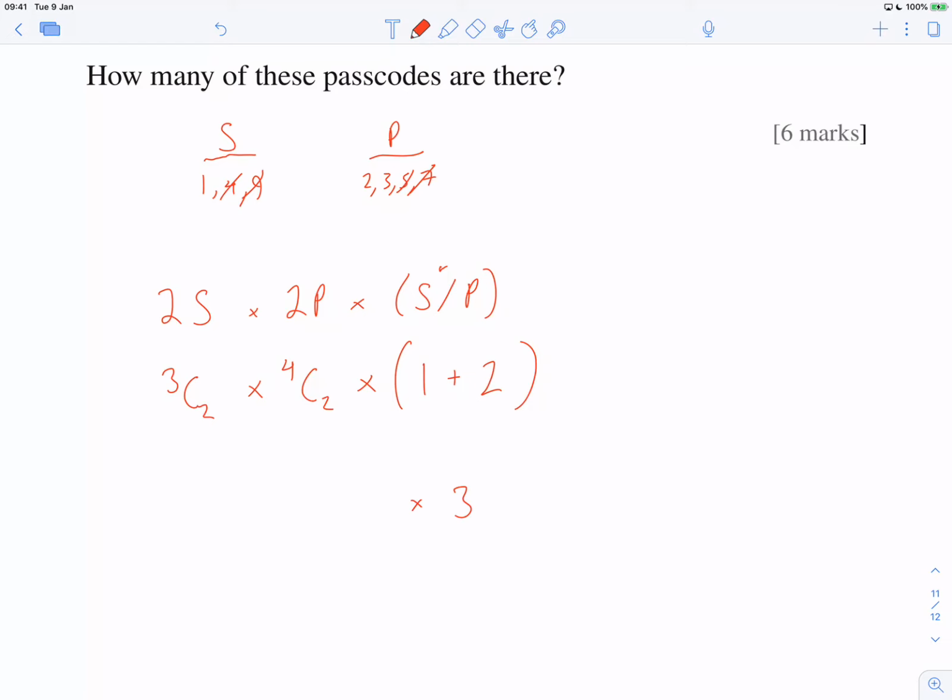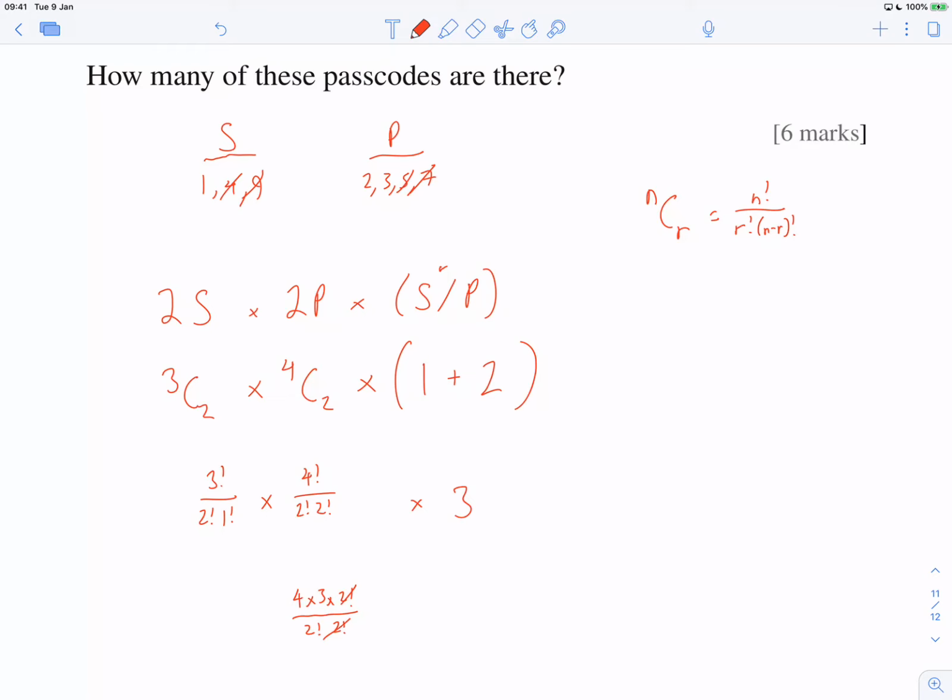So 3 choose 2 is 3 factorial over 2 factorial times 1 factorial. 4 choose 2 is 4 factorial over 2 factorial times 2 factorial, because remember, if I'm using n choose r, that's n factorial over r factorial times n minus r factorial. So what's going to happen? Well, 4 factorial is 4 times 3 times 2 factorial.